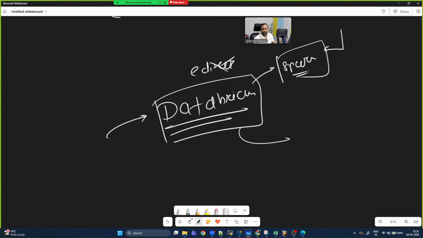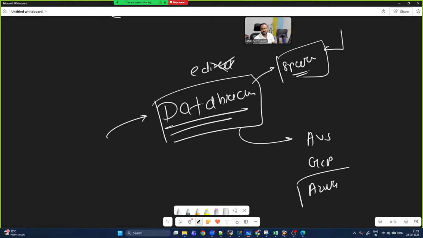And this Databricks, what has it done? Now let's say you want to use Spark technology. You want to run a Spark job. When you are running a Spark job, let's say you want to process 100 GB of data, you need CPU, memory. Who will provide that? So Databricks has done the integration with multiple cloud vendors like AWS, GCP, Azure.